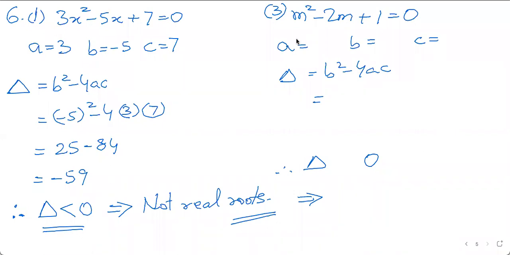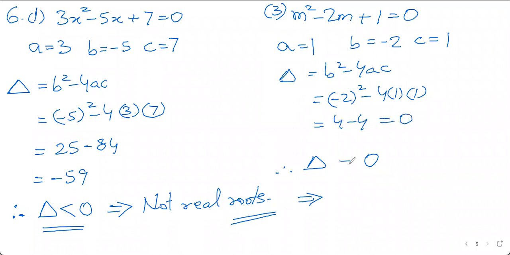This equation is already in the general form. So A is clearly 1, B is clearly minus 2, and C is clearly 1. M square has nothing with it, meaning 1. With m there is minus 2, that is B. Then we have plus 1, that is C. When we put these values here, minus 2 whole square minus 4 into A into C. So it is 4 minus 4 equals 0.